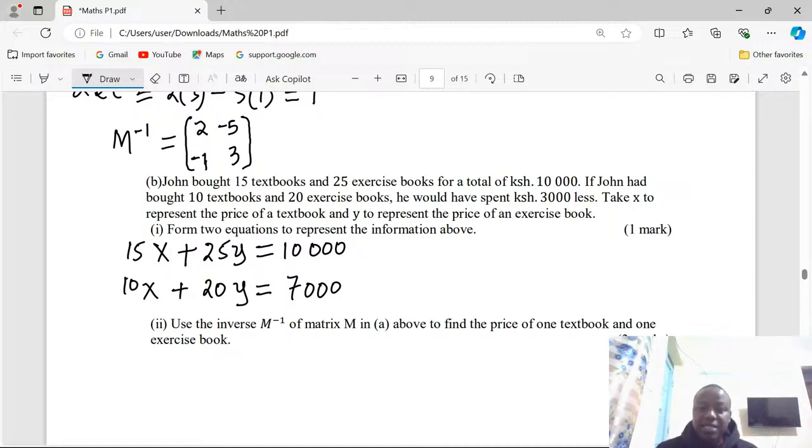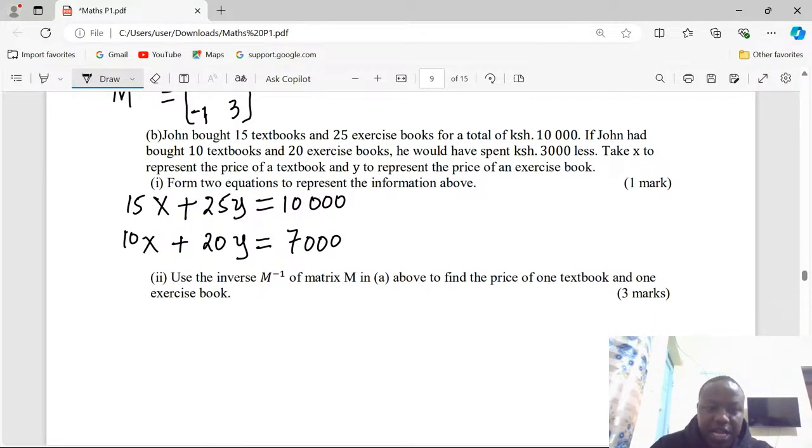He would have spent 3,000 less, means that instead of 10,000, he would have spent 7,000. So this is now the two linear equations representing the above information. Use the inverse of M above to find the price of one textbook and one exercise book.